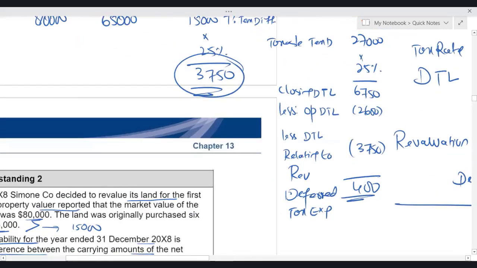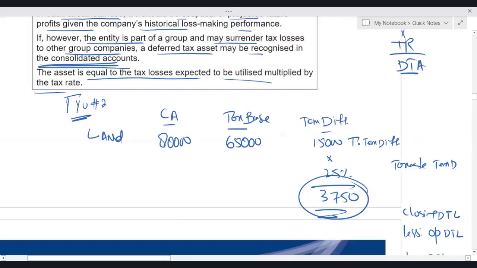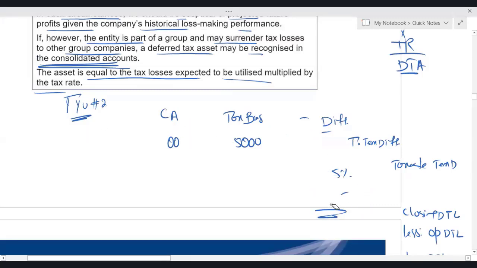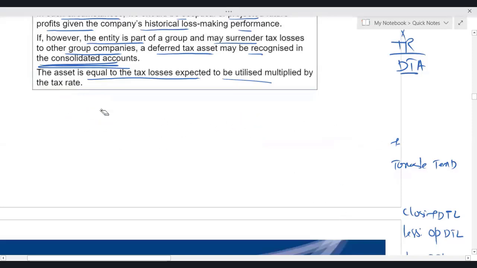Now, if I just show you the extracts here quickly, you have seen the calculation. Statement of profit or loss and other comprehensive income.